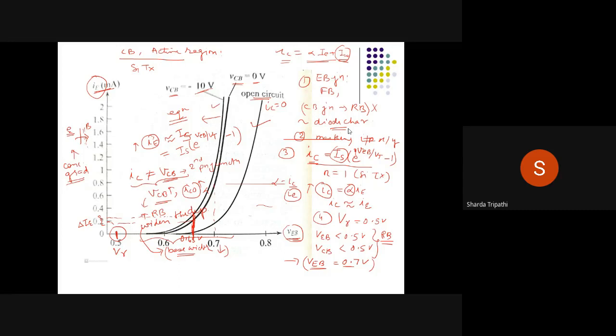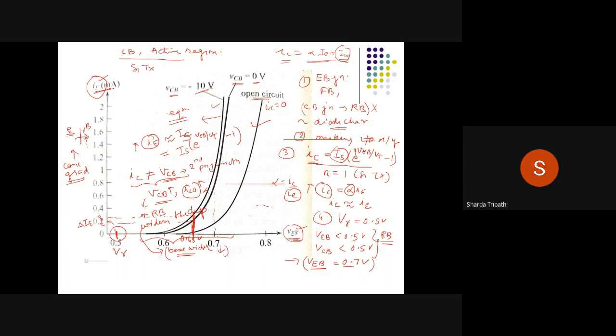To summarize, the first observation is about writing the equation for the emitter current, which is in turn derived from the equation of the collector current. Second observation is about the variables that are appearing on the X and Y axis. Third observation is about the cut-in voltage.